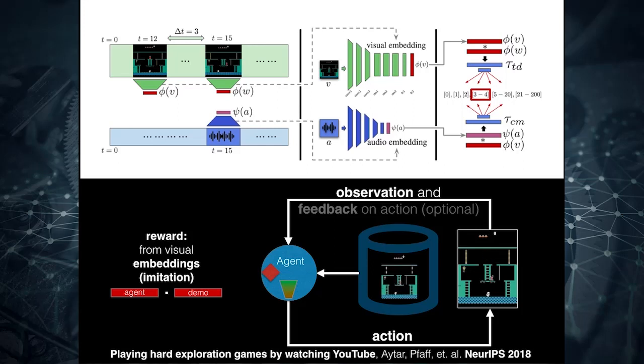So here, essentially, you have the agent play the game, and it is at some frame, and that frame is, say, embedded in this space, phi, and you have demonstration data where you also have frames which are embedded in the space. Now you can compute the distance between these two using some cosine similarity, and the closer you are, the more reward you give to the agent.